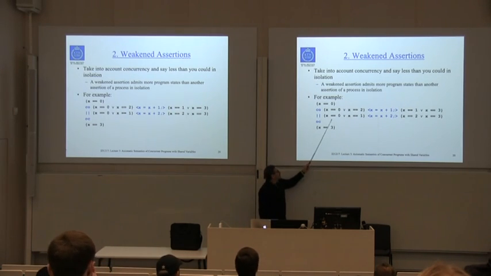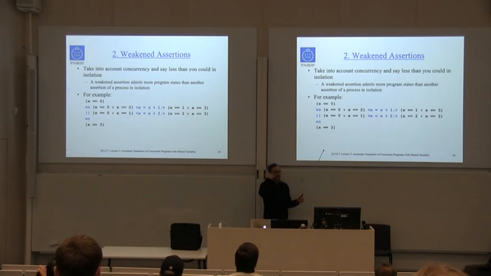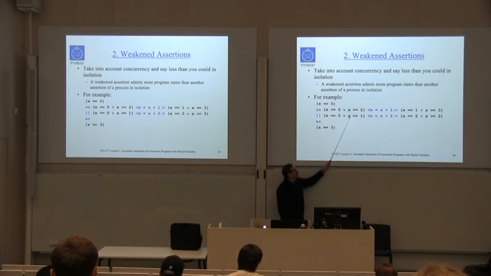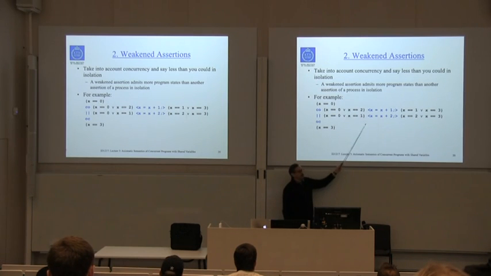The same story here: the initial state for the second thread can be either 0 when it starts executing first, or it can be 1 if it executes after the other one. Because that one increments, makes it 1, so this one reads x equals 1. This means OR in logic.